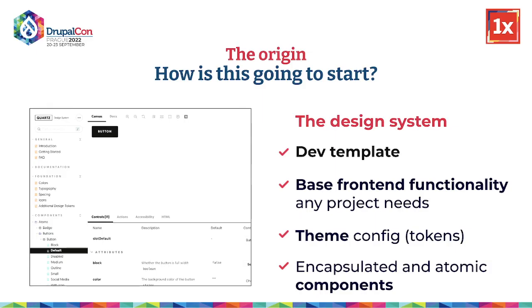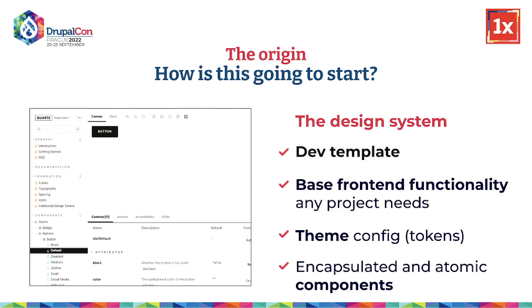The origin, how it's going to start. We're going to start with the design system, the developer's template, as we commented, and it's going to contain all the base functionality that any front-end project might need. So it's going to have theme configuration, as you can see here, with the foundations, colors, typography, and spacings that are set as design tokens that will be used in all the rest of the design system.